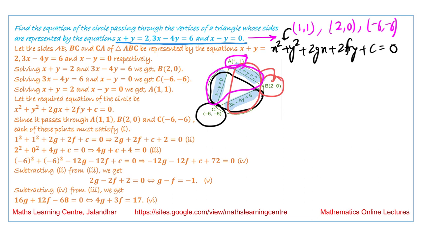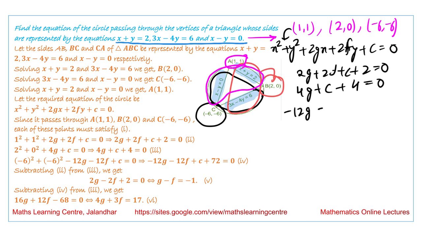These are 2g + 2f + c + 2 = 0. Second is 4g + c + 4 = 0. And third, we obtain -12g - 12f + c + 72 = 0. So these are the 3 equations that we have obtained.